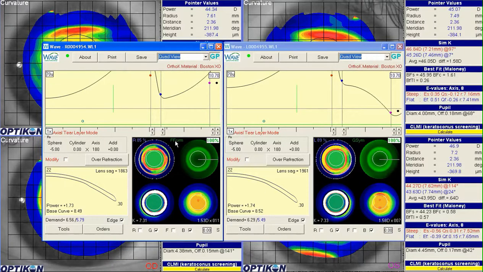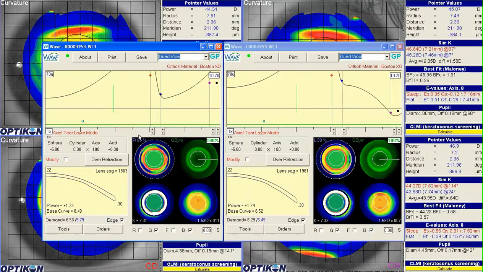When you switch to freeform, Wave represents the cornea more true to life. In other words, it does not extrapolate the surface of the cornea into a GSYM shape. It leaves it freeform, meaning it can be different in every single meridian, and usually this is the pattern that looks like this.